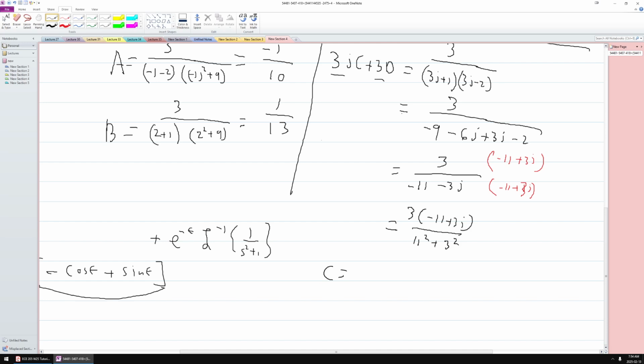C is going to be, the 3's cancel, I get the thing in front of j, so another 3, over my 11 squared, 121, plus this gets me 130. And my d is going to be equal to the real part over here, so I'm going to get a minus 11, the 3's cancel, over 130.